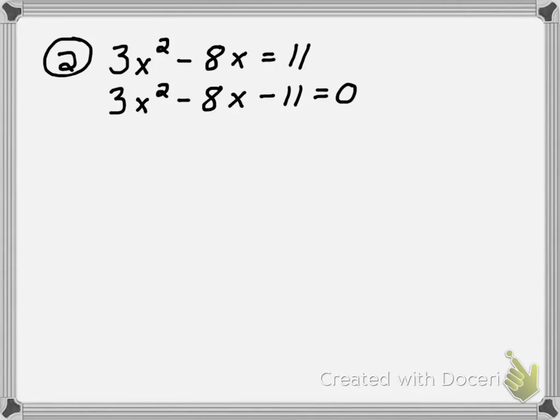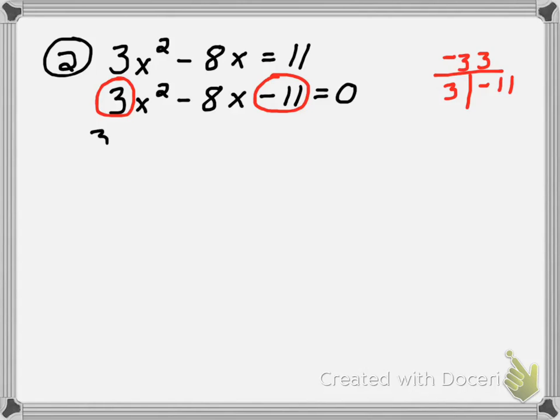So we take the 3 and the negative 11, and we multiply that to get our negative 33. Then we're looking for 2 numbers that will multiply to give us a negative 33, and we'll add together to give us that negative 8x in the middle. So we can use positive 3 times negative 11 to get negative 33, and then that will also combine to give us a negative 8x.